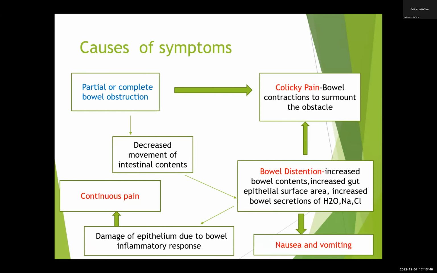So the typical features are colicky pain, bowel distension, high volume vomiting, especially in partial bowel obstruction, nausea and vomiting, and continuous pain. These are the typical symptoms, and this is the reason why the patient is presenting to you.